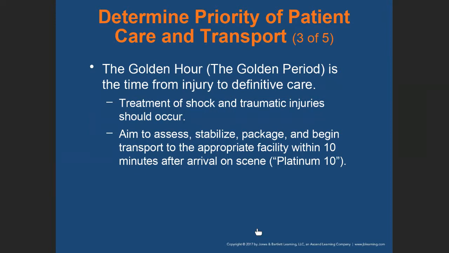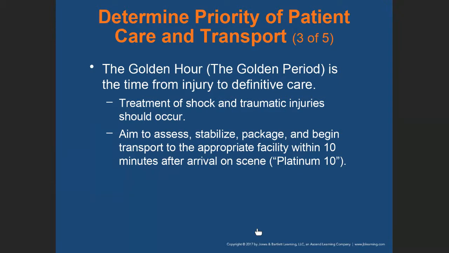So that should not exceed 10 minutes. That is your goal. You have 10 minutes to assess, manage issues, package, and get them in the back of your unit for transport. Within that 10 minutes, you have 4 to 6 minutes to manage anything that can kill your patient.